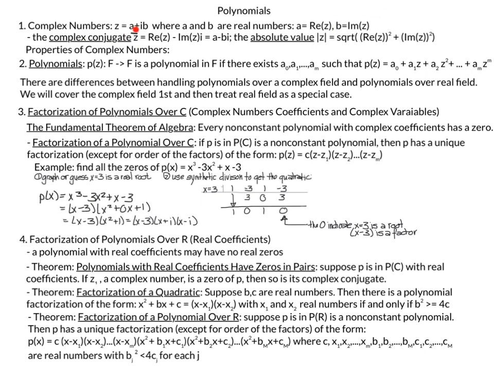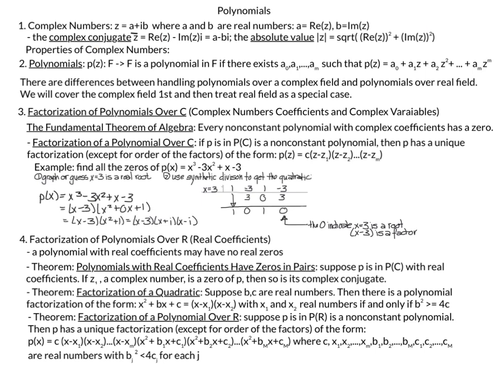We define the complex conjugate, which we denote with z bar, as the real part of z minus the imaginary part of z times i. We also define the absolute value, denoted |z|, as the square root of the real part of z squared plus the imaginary part of z squared. We discussed many properties of complex numbers as well.